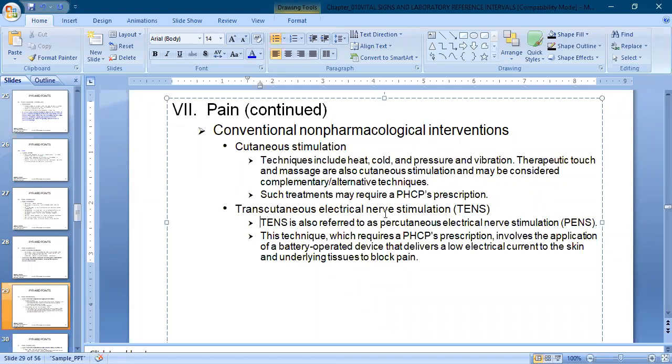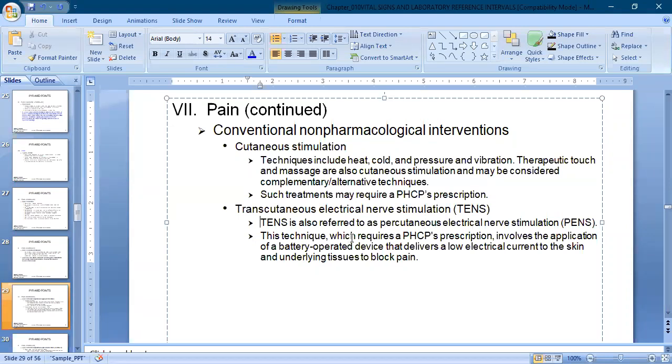Transcutaneous electrical nerve stimulation, shortly called TENS, used to be referred to as percutaneous electrical nerve stimulation. This is the small device we use to reduce pain. It stimulates the nerve endings.